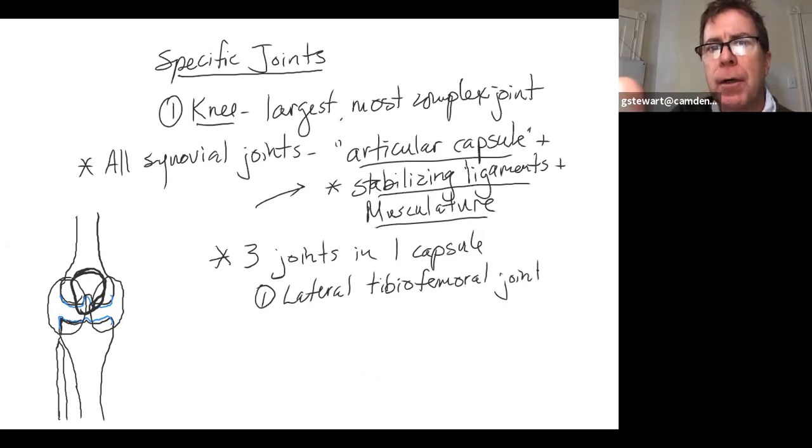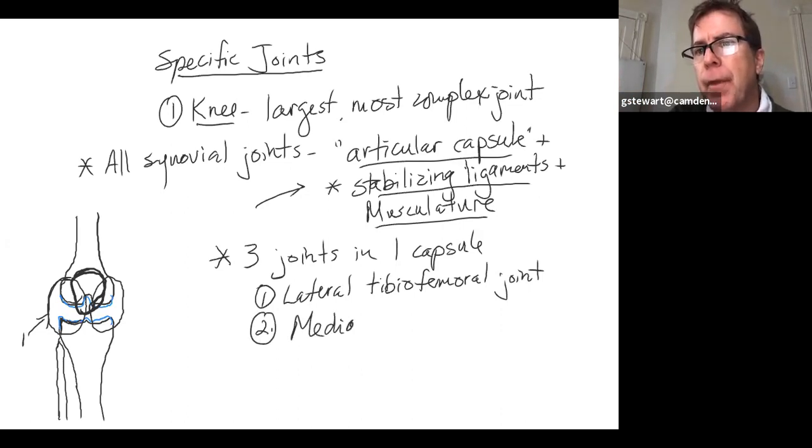So that would be this one that I circled. The second one is the medial tibiofemoral joint. That would be the second one that I circled. And tibio means obviously a condyle of the tibia articulating with a condyle of the femur.